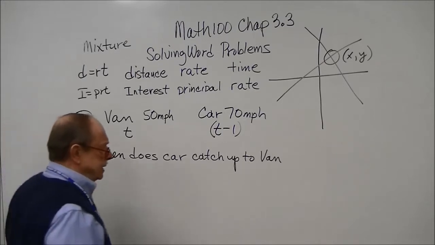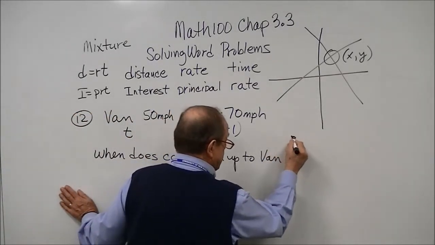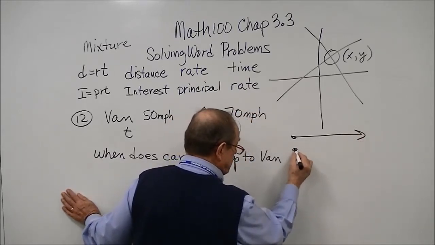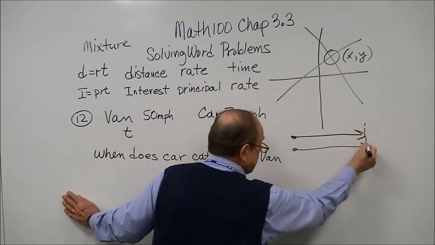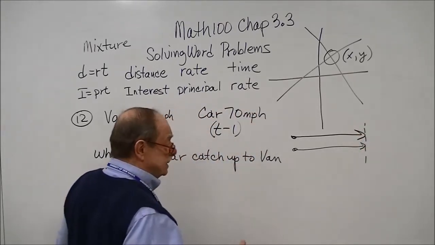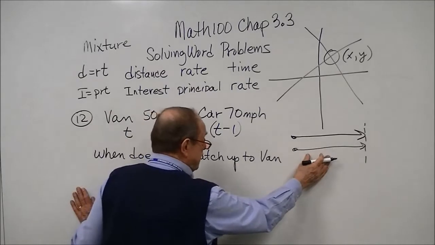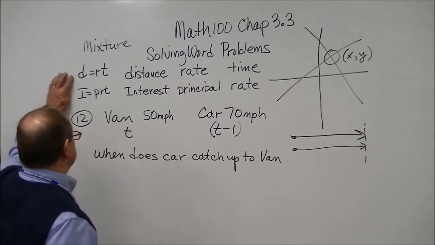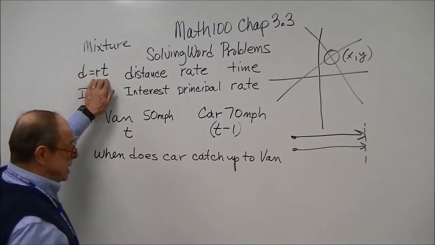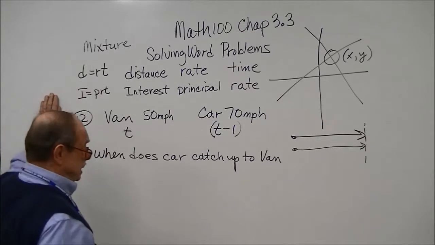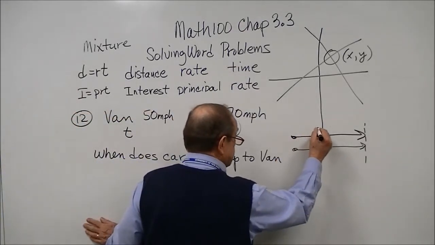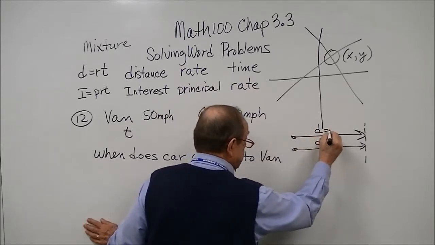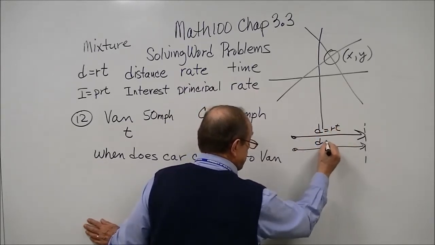Now, to sort of understand this, we have a van leaving, and then a car leaving, and we're looking for where the distance they travel is the same. So we look now at the distance formula. Distance is rate times time. So in a sense here, we have distance and distance are the same. What's different is rate times time.